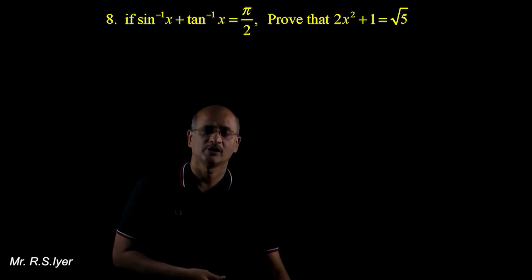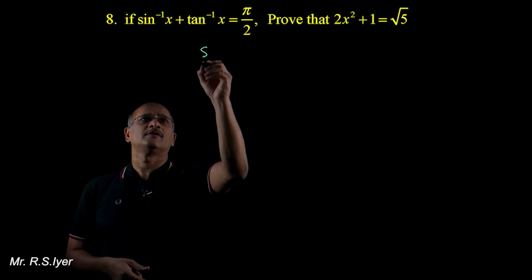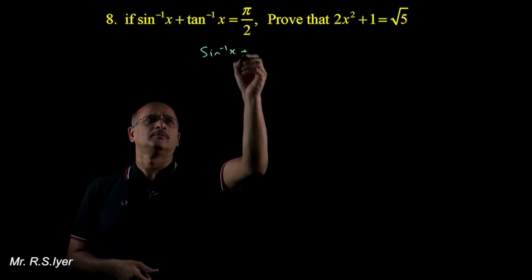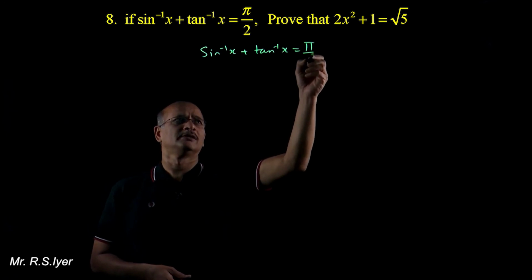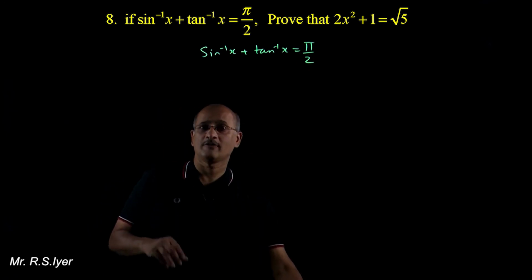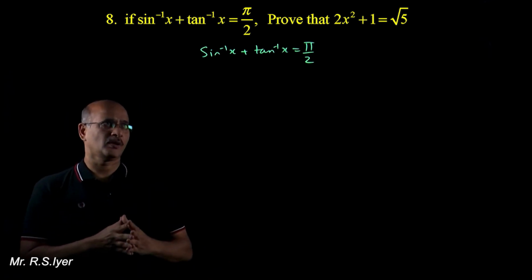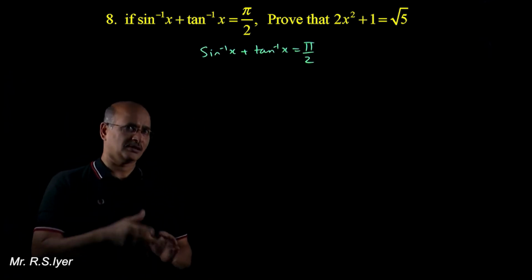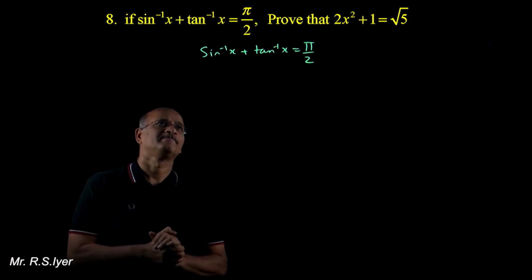Then how do I go about it? So let me write the question and make you understand. The question is sine inverse x plus tan inverse x is equal to pi by 2. It is given to you in this clear cut case. Okay, now I want everyone to pay attention, because there are some workings which are required. So I'll just place it over this side and work it on. So let us see the beginning.